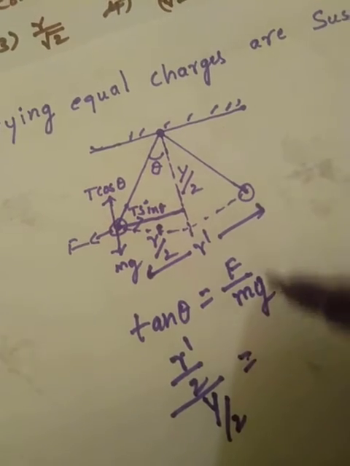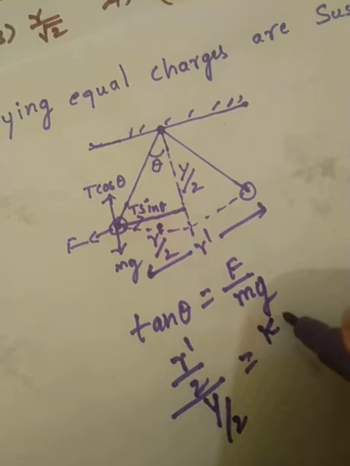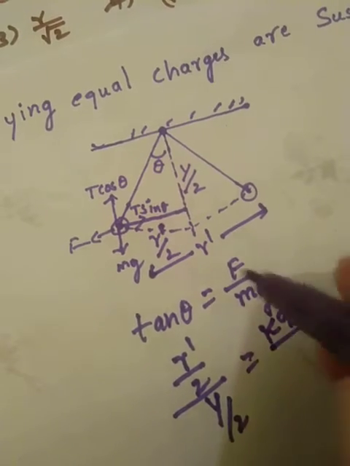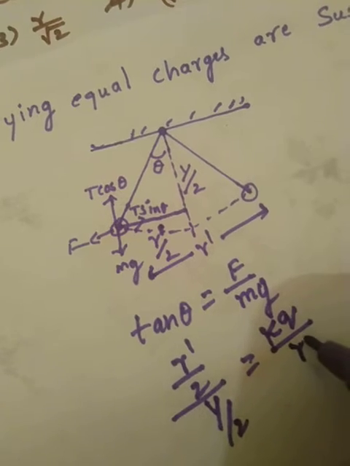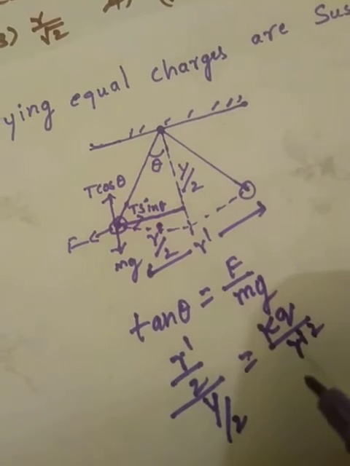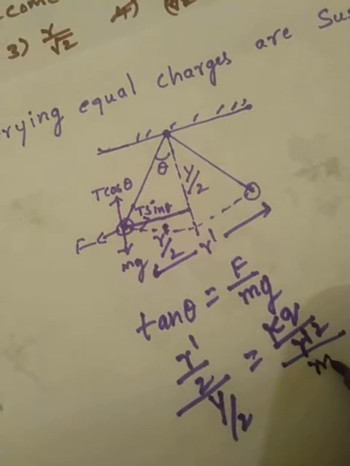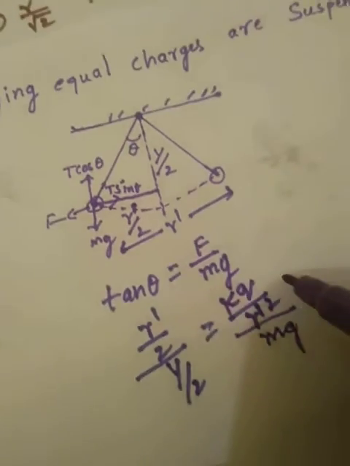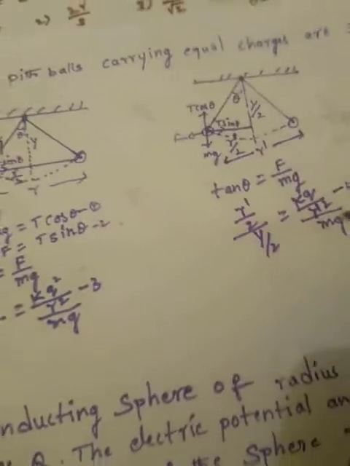Then that is equal to, so F here is k q square divided by the distance between the two pith balls, it will become r dash square, all divided by mg. Then I will take it as equation 4.